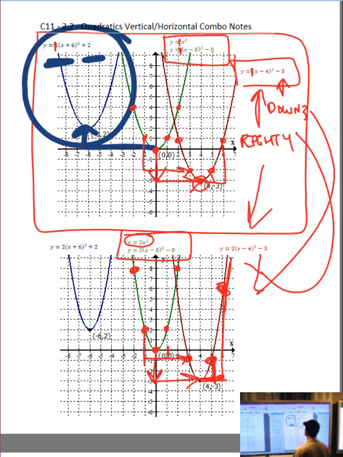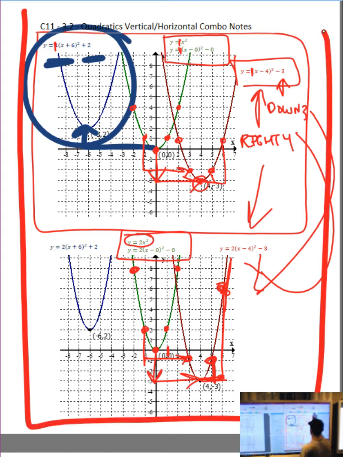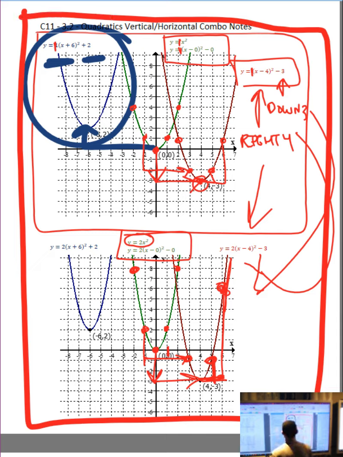So starting to really understand how tables of values work in your head, and then it doesn't matter where the shape is. And what we've just done is introduce you to vertex form. Vertex form.